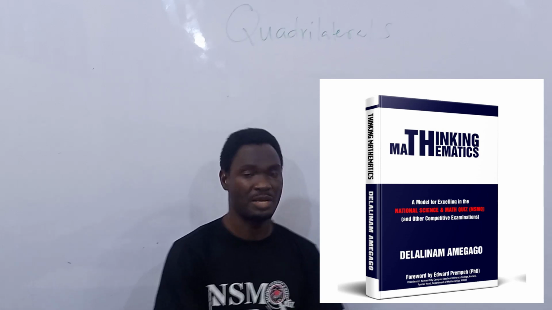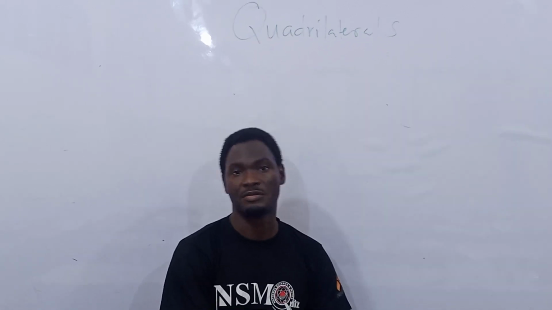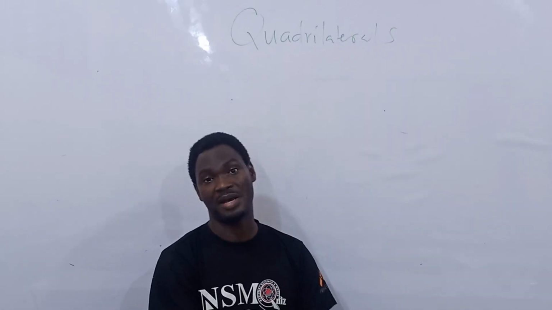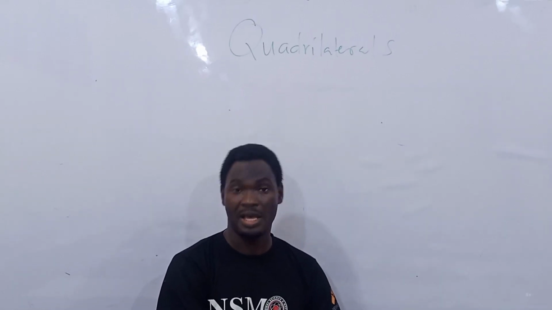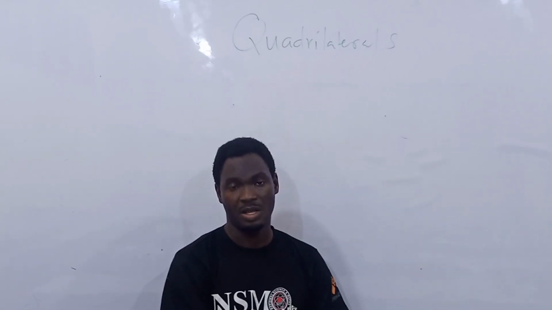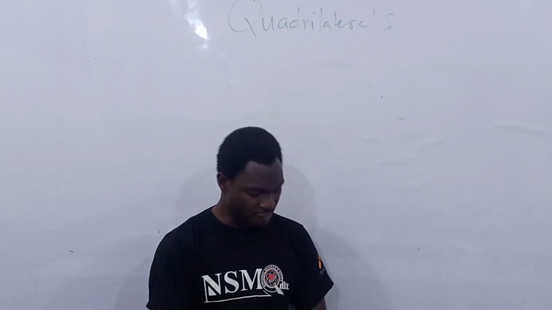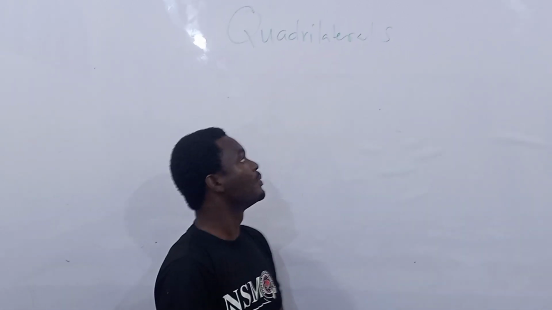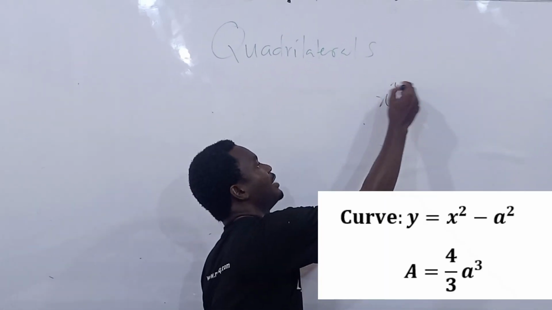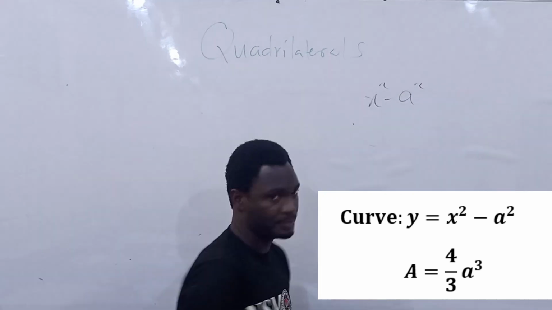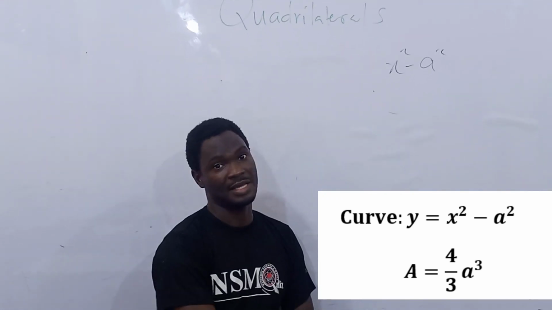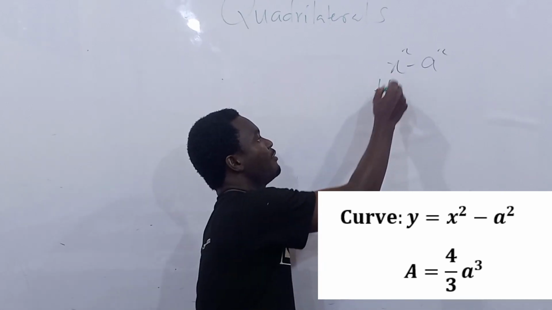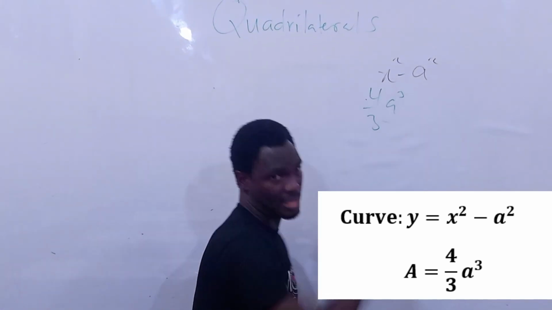We don't want to go to Cape Coast and be asked to find the area bounded by the curve x squared minus 4 and the x-axis and be sweating. We want to note that if we have a curve of the form x squared minus a squared, then the area bounded by this curve and the x-axis is given by 4 on 3 a cubed.